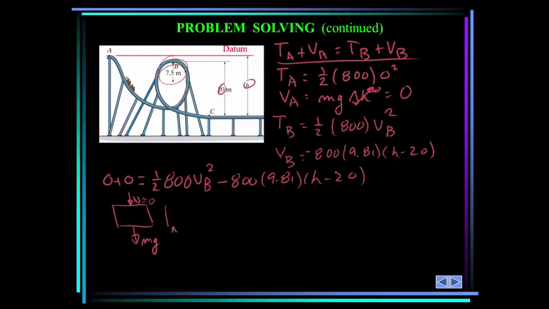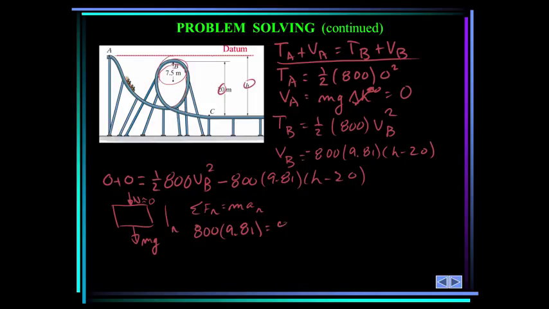So I'll call this the normal direction, and we'll sum forces in the normal direction and set it equal to the mass times acceleration in normal direction at B. Since the normal force is 0, the only force in the normal direction is the mass times g.